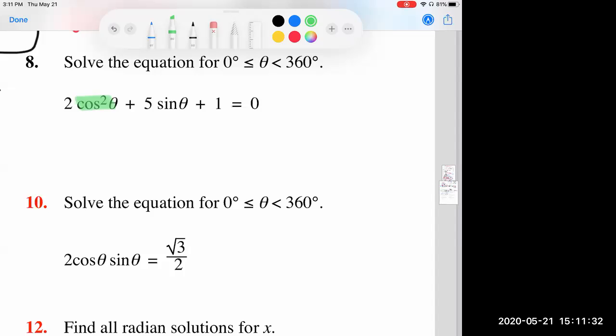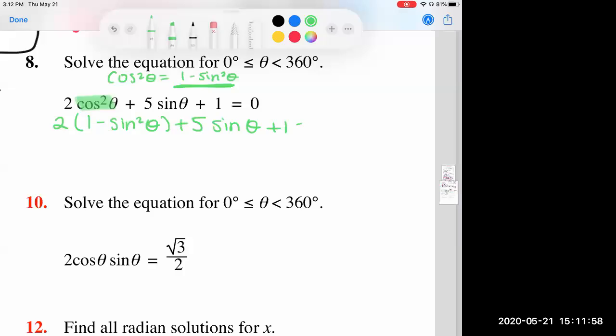Let's replace it. Because I see that square, I should be thinking Pythagorean theorems, right? And we know that cosine squared theta is the same thing as 1 minus sine squared theta. So let's replace cosine squared with 1 minus sine squared. So I have 2 times 1 minus sine squared theta plus 5 sine theta plus 1 is equal to 0.